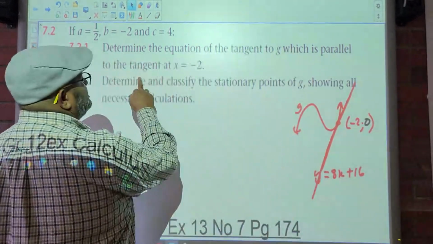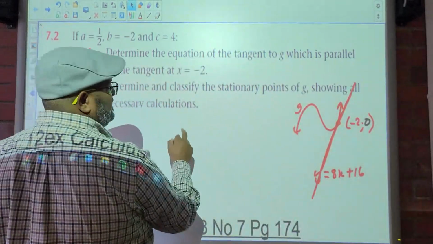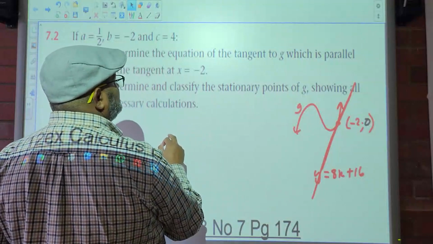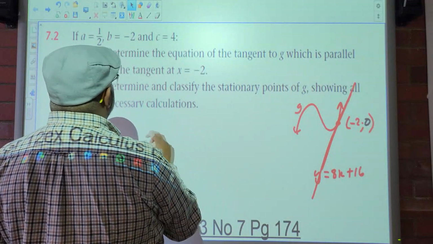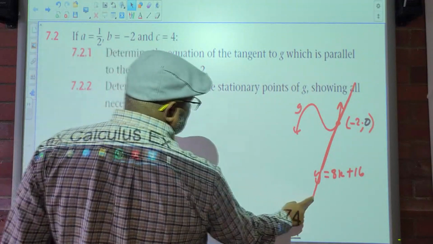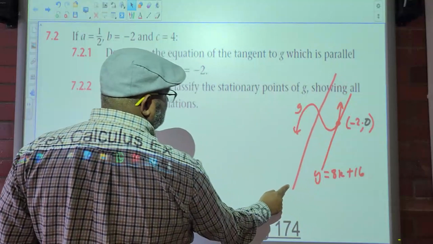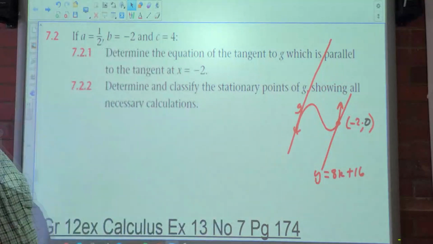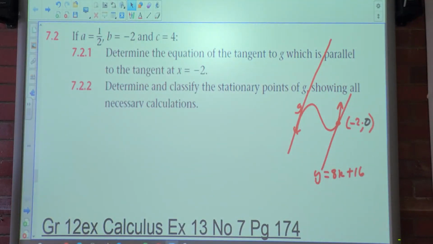Determine the equation of the tangent to the line, which is parallel to the tangent at F. In other words, this here, as you can see, won't be a tangent anymore until another point there. Can you see that, people? It will become a tangent again. Do you guys understand what they're asking you?